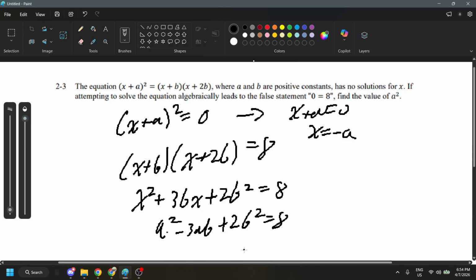I'm not entirely sure what to do here, because by saying 0 is equal to 8, I'm pretty sure it's basically just saying this is a system of equations where this is equal to 0, this is equal to 8, but I don't know.